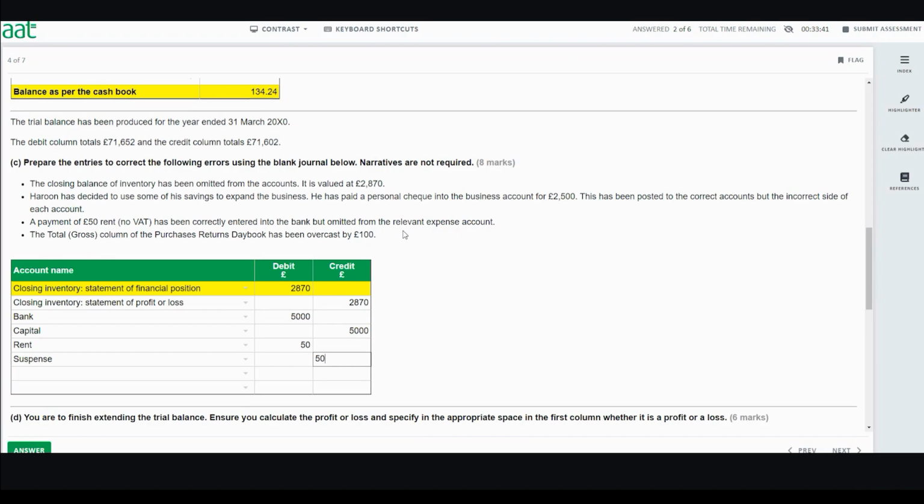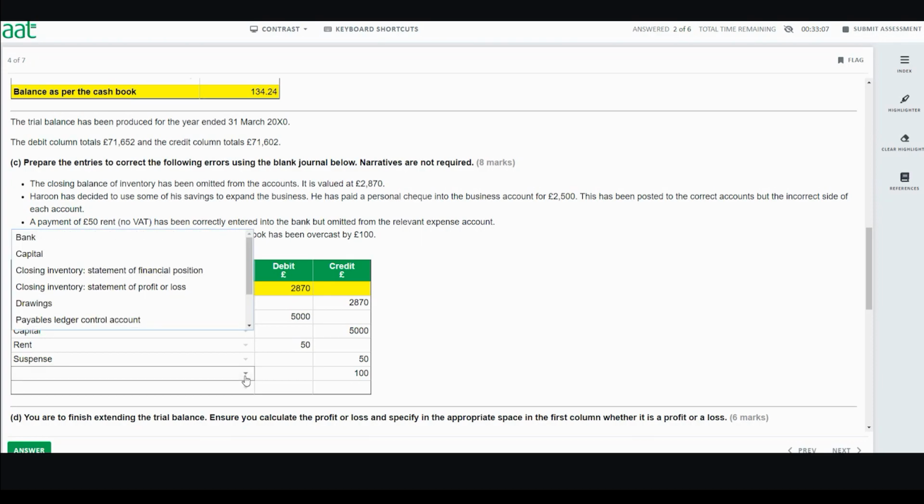Okay, so if the purchases is a debit and the VAT on purchases is a debit, purchase returns is a credit, VAT is a credit, so the purchase ledger control account would have been a debit. Okay, so if we've overstated it by 100, it means that we need to credit the purchase ledger control account or the payables ledger control account.